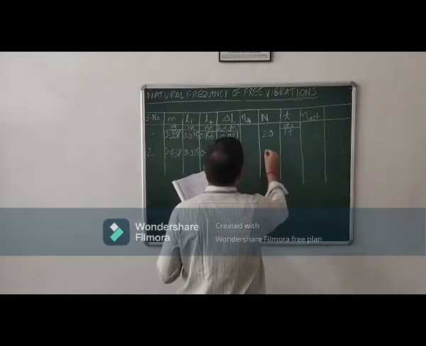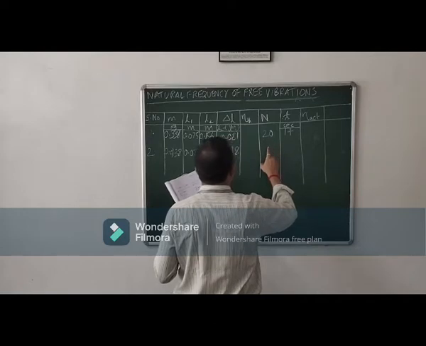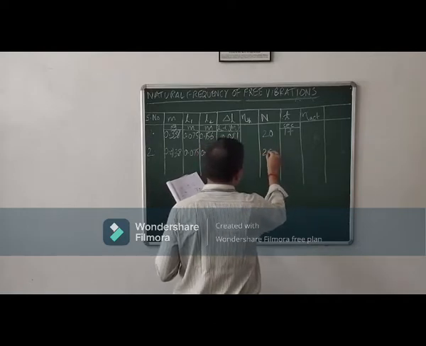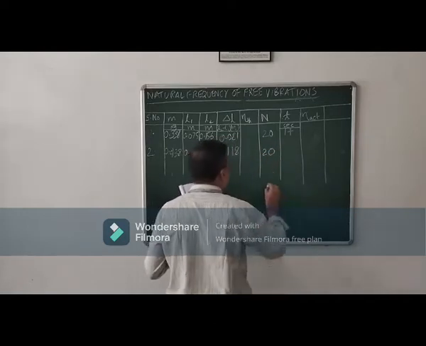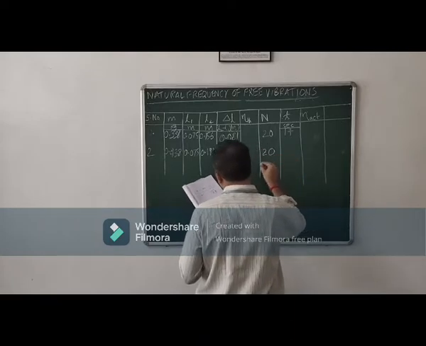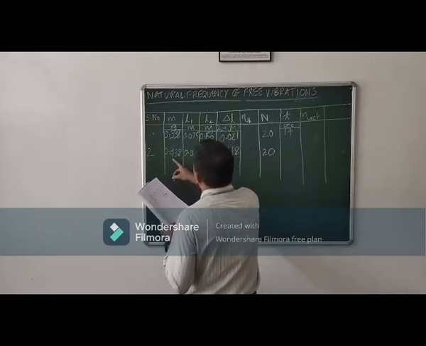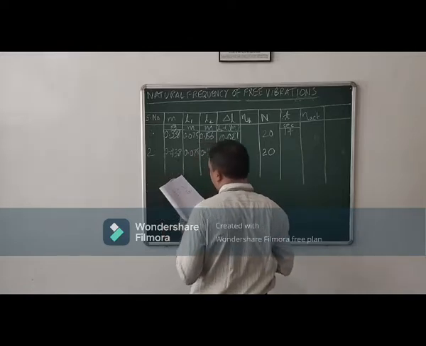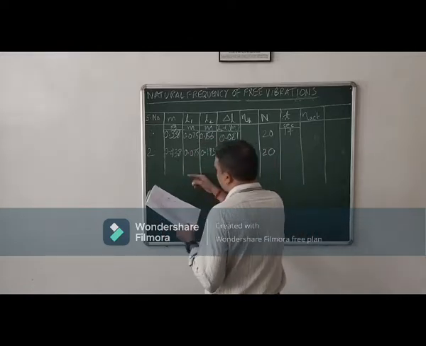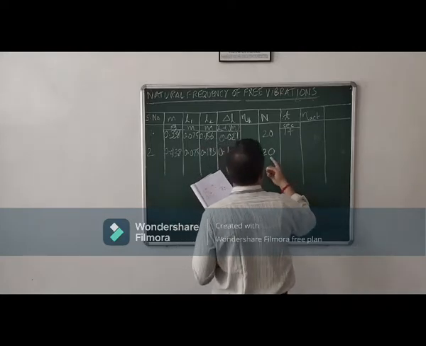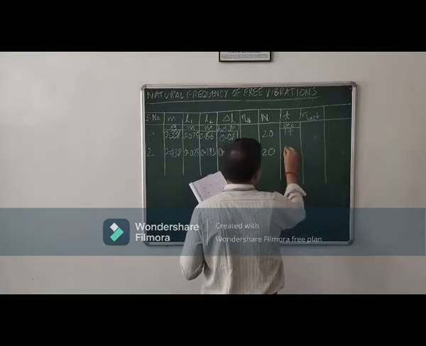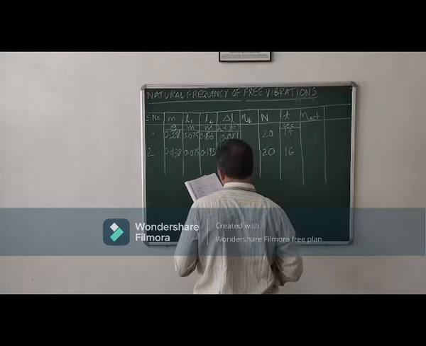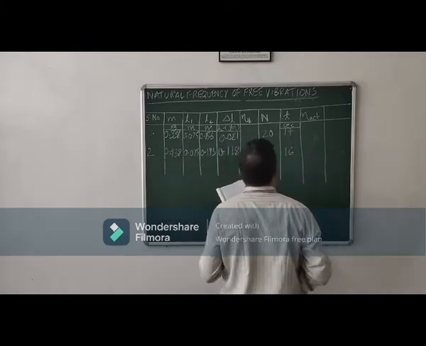And again for 20 oscillations, the time taken when the mass attached to the spring is 0.438 kilograms, we got 16 seconds as the time taken, okay.